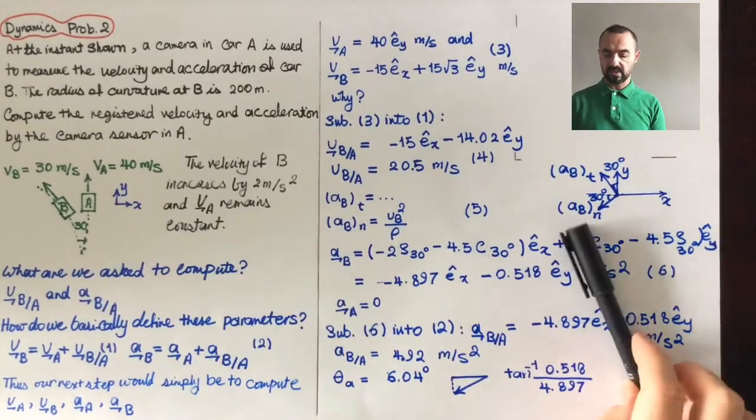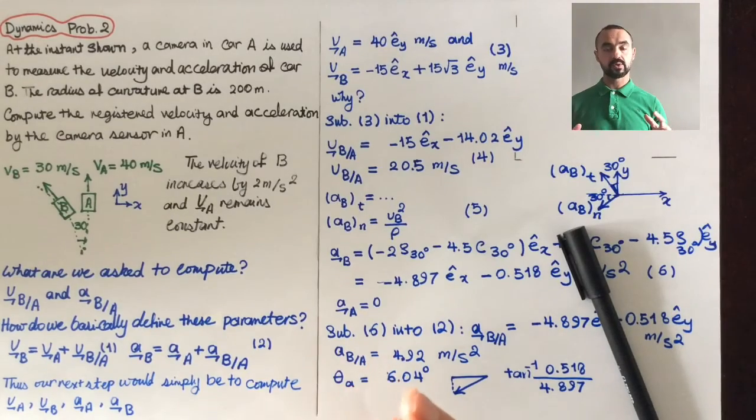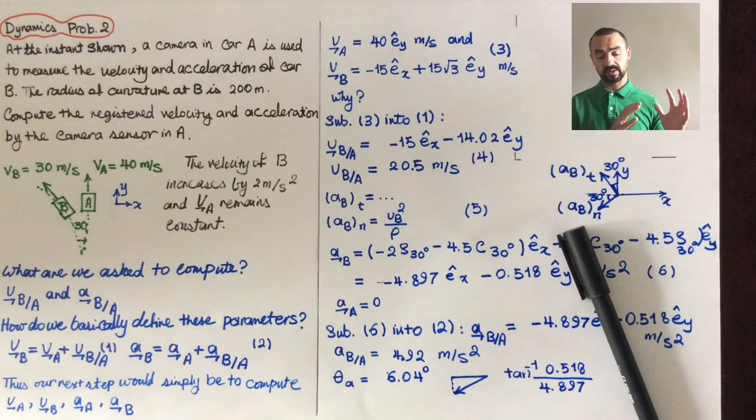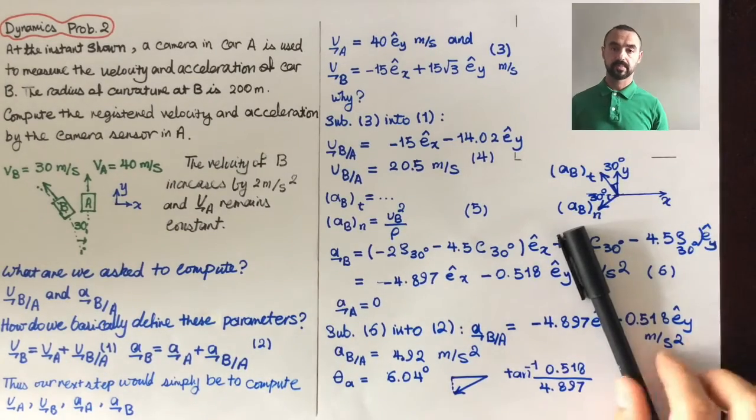You have this angle as well. We need this because at the end of the day, if your goal is to get the inertial velocity and acceleration of B, you need to know how to go from relative velocity and acceleration to inertial velocity and acceleration.